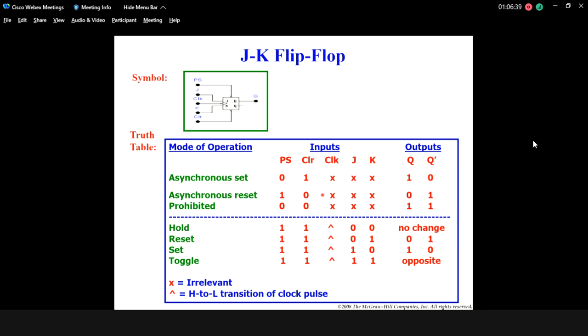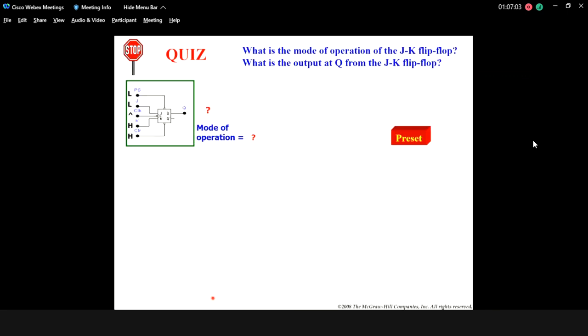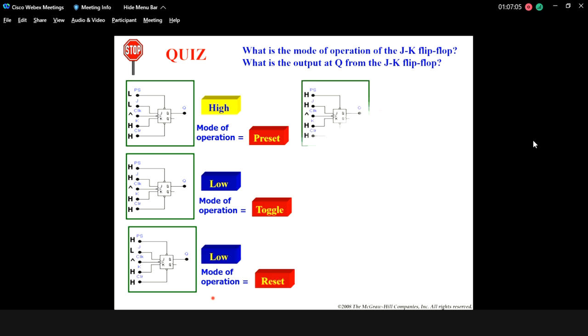Irrelevant means you do not need to observe them, and Q is given directly based on that. Also remember the symbol at the clock, whether it is a positive edge or negative edge transition.